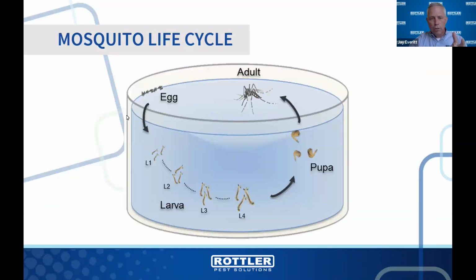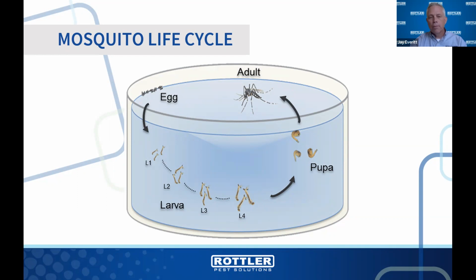If you have a stream or a creek in your backyard, it's probably not likely that the mosquitoes are going to breed in that area because the water's choppy. As I mentioned before about that little siphon tube, if the water's going up and down, they don't really have the ability to come up and get the air that they need, and in turn, they'll actually drown. So that's something to understand as far as the different types of bodies of water that are out there.